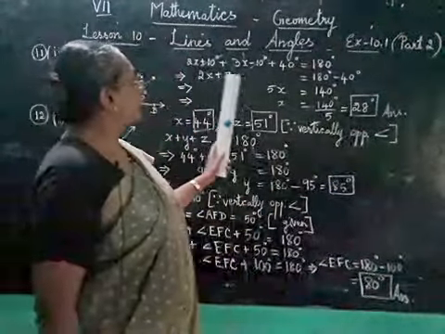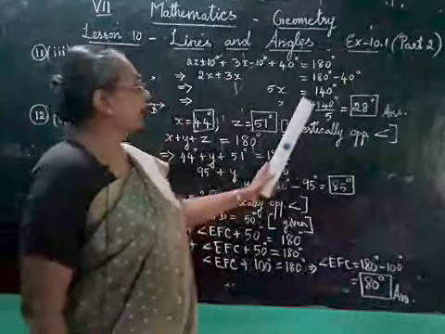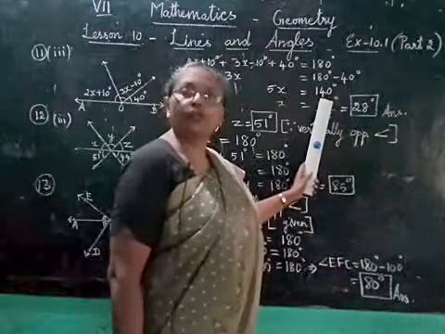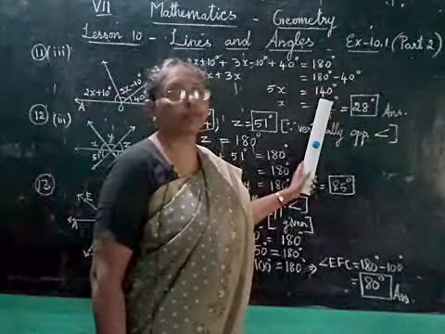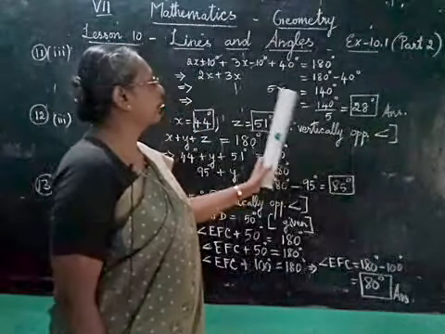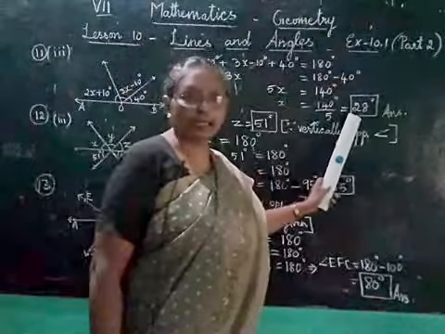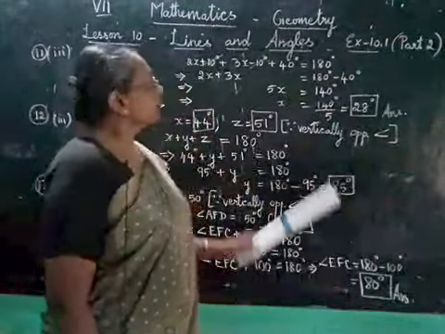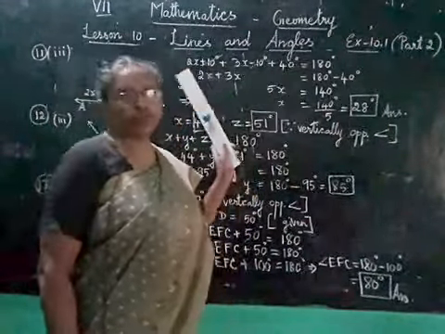Then 2x plus 3x will be 5x and here it is 140 degrees when we subtract 40 from 180. Then we get x is equal to 140 degrees by 5, which will be 28 degrees. This is the value for x which we have found out.